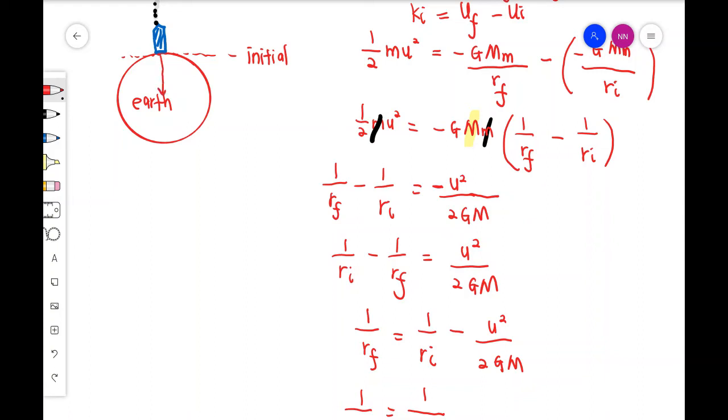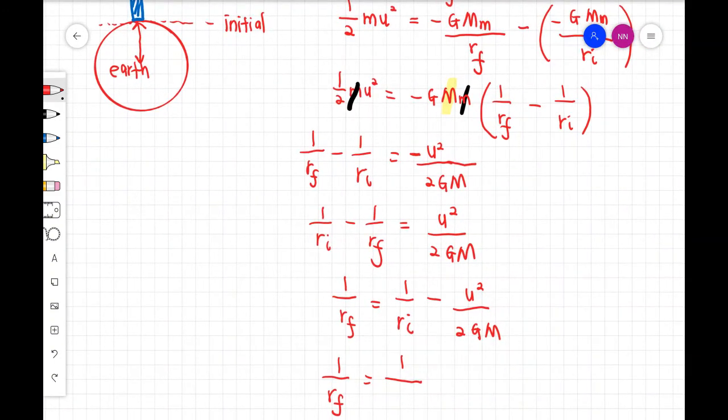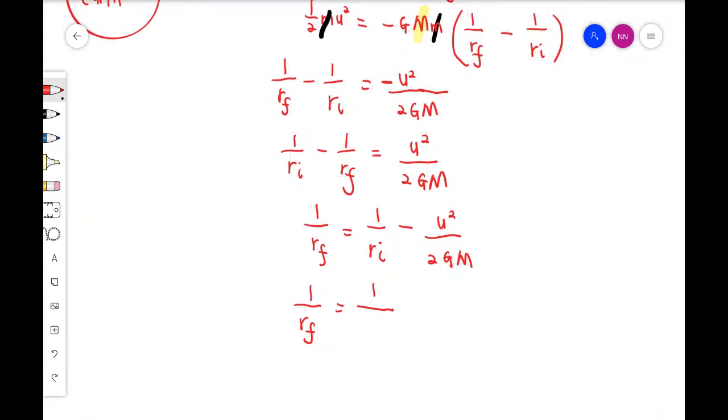So distance dia sampai center of the Earth. So R initial dia akan sama dengan radius of Earth lah. Radius of Earth, so it is 6.4 times 10 to the power of 6, minus U squared.